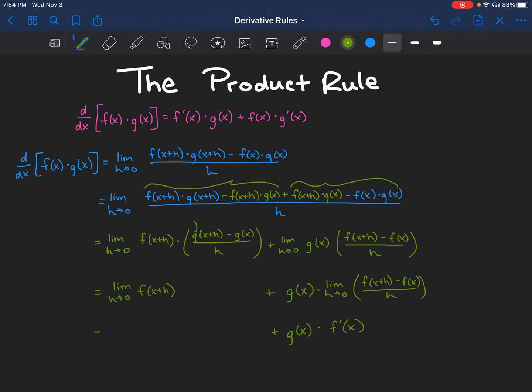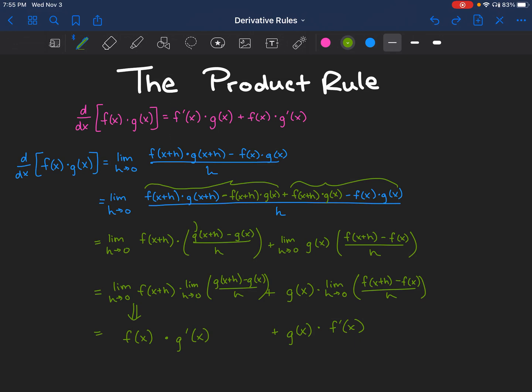That's going to head toward f of x by itself. And I'm going to go ahead and again split that up and look at it from the perspective of g of x plus h minus g of x all divided by h. And that heads toward g prime of x, which is the second part of my formula.